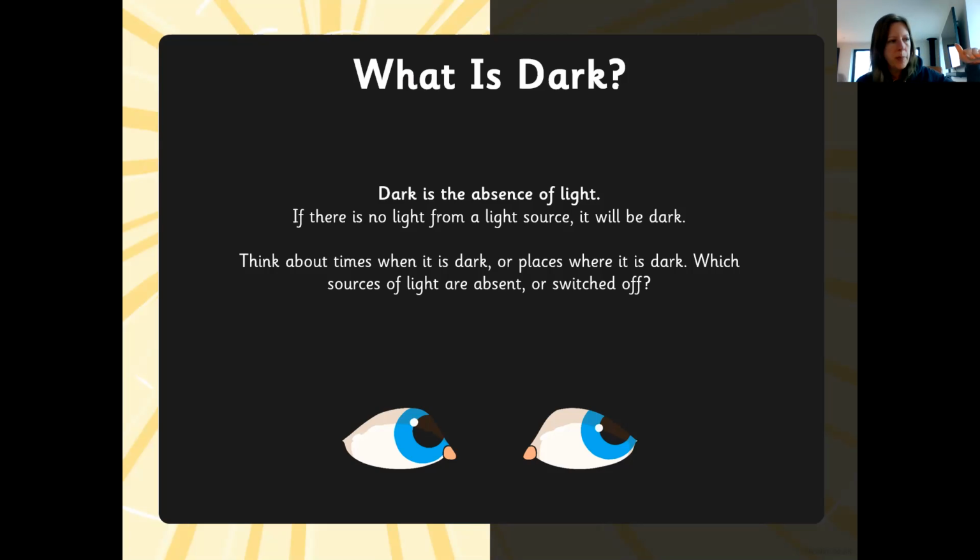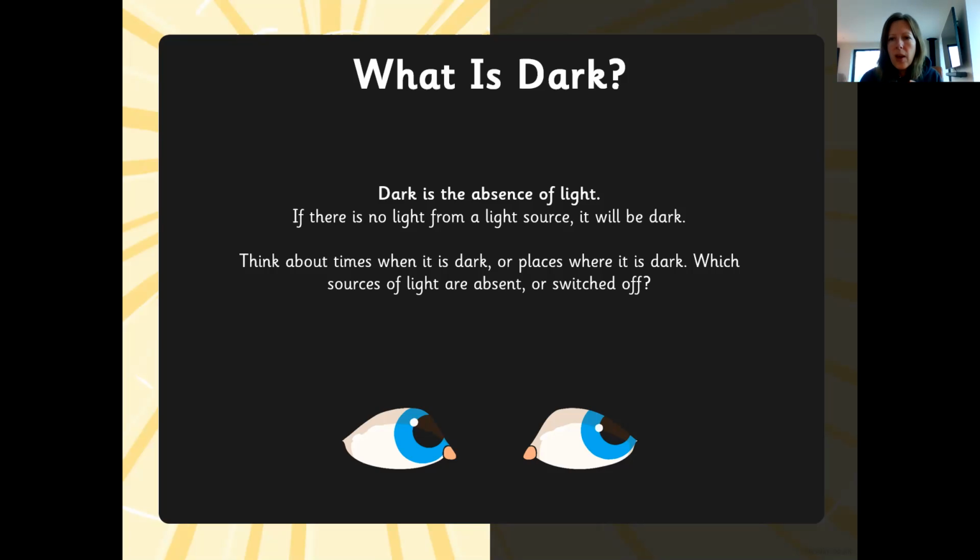It might be coming from underneath your doorway if you've got the light on the landing outside, or if the stars are shining outside, or if the moon is reflecting the light from the sun. So there can be different ways that the light can still get into your room.